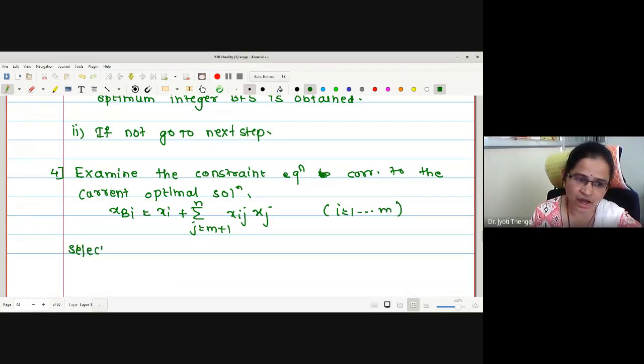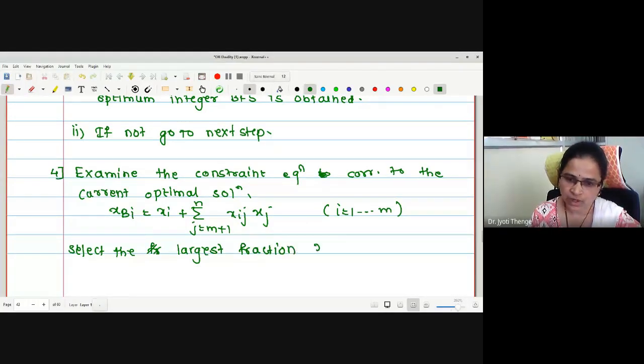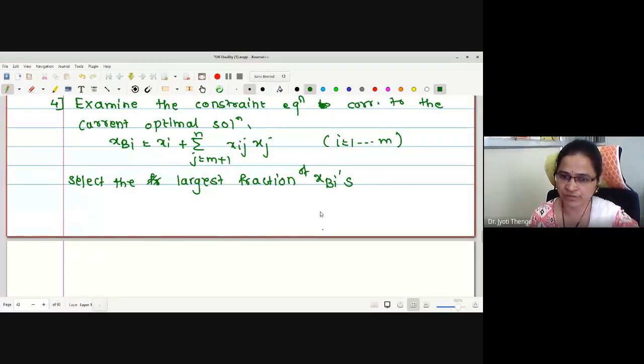We will select the largest fraction of the x_Bi's. That means among the values of the basic variables, we will observe the fractional part included in every value and select the largest one.